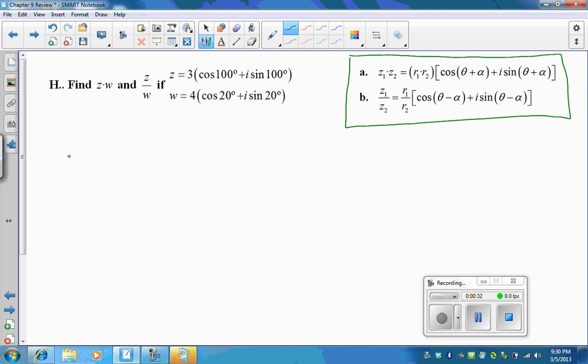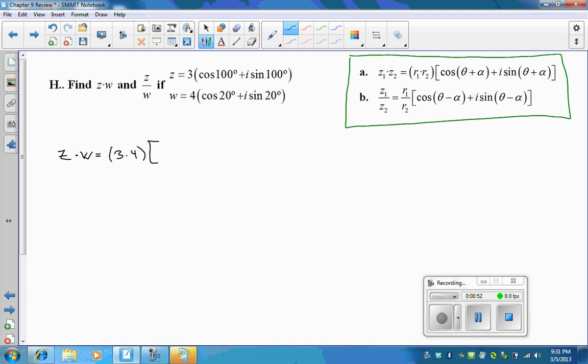Let's do Z times W first. I'm looking at my formula. If you multiply two vectors, now I have them Z1 and Z2, but that's the same as Z and W. You multiply the two R's, so it would be 3 times 4.